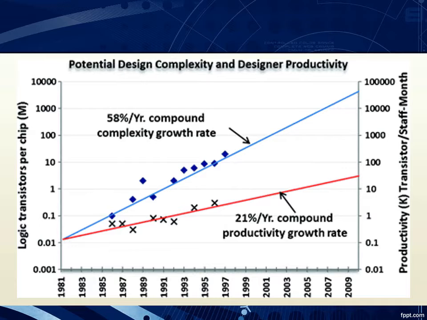On the other hand, compound productivity growth rate, which can be measured through the number of transistors that a single designer utilizes to construct digital circuits for every month of work, increases at about 21% per year. Due to this design gap, there has been an increase in team size or the number of designers per project, which is inevitable and required to compensate for the difference in growth rate.